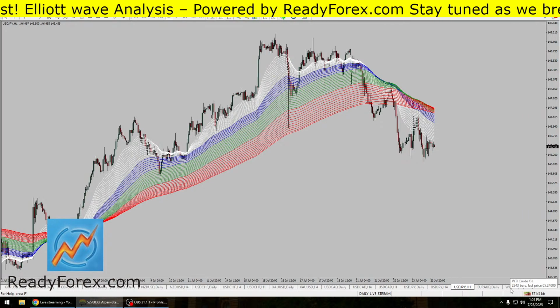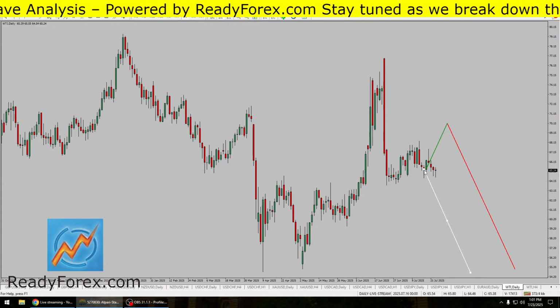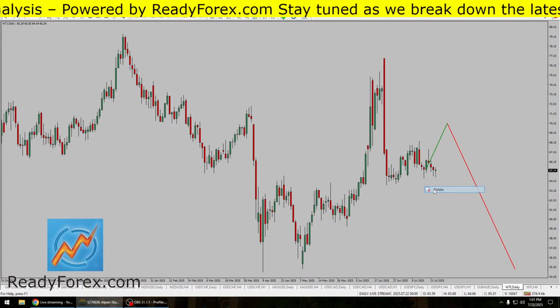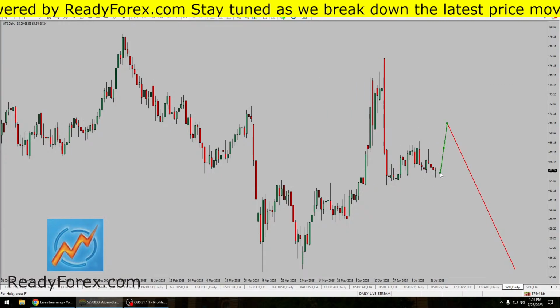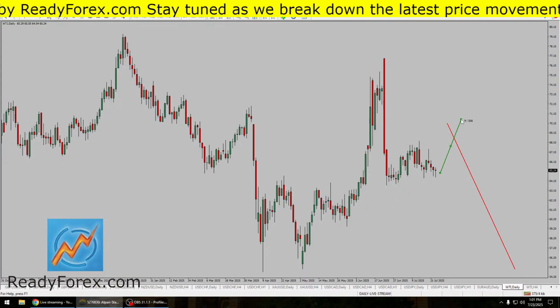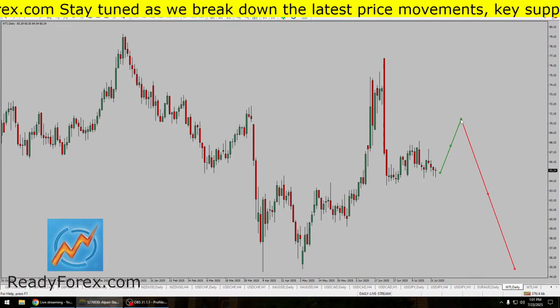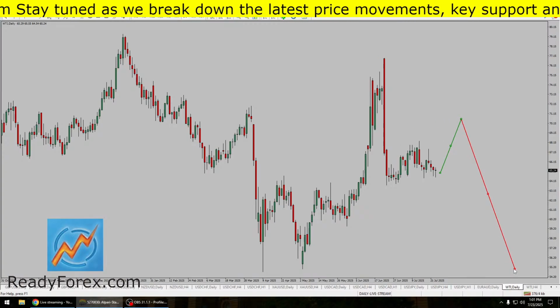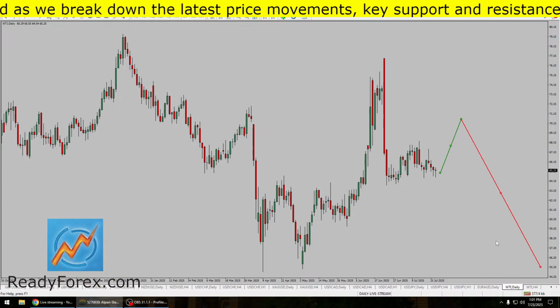Okay, next one is the WTI crude oil. The way I see crude oil is most likely going to rise up more before market is going to print a new low over here. So regarding the WTI crude oil, I expect one more drive to the upside, a corrective wave pattern, and then expect further weakness in price action.